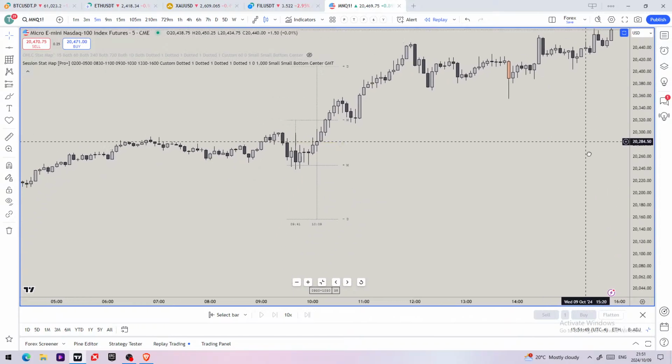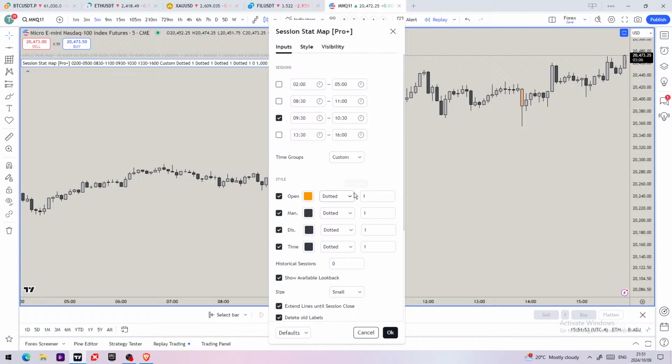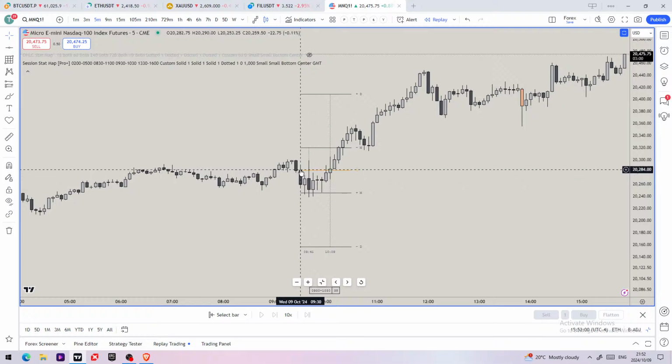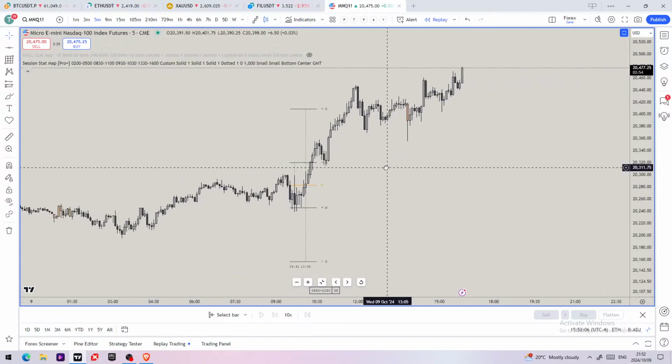That for the 9:30 to 10:30 range that we just input, price opens at 9:30, goes down to a manipulation, and then just takes off afterwards. Crazy.